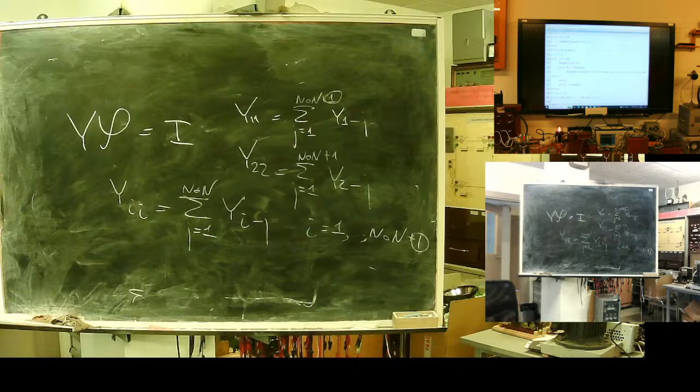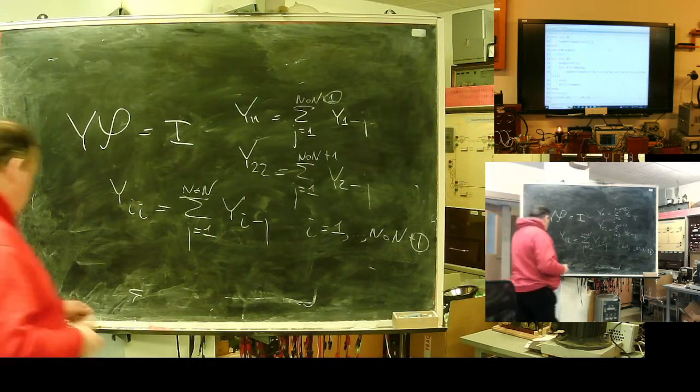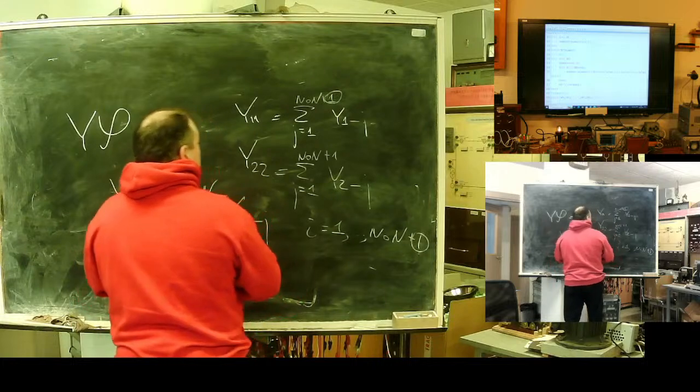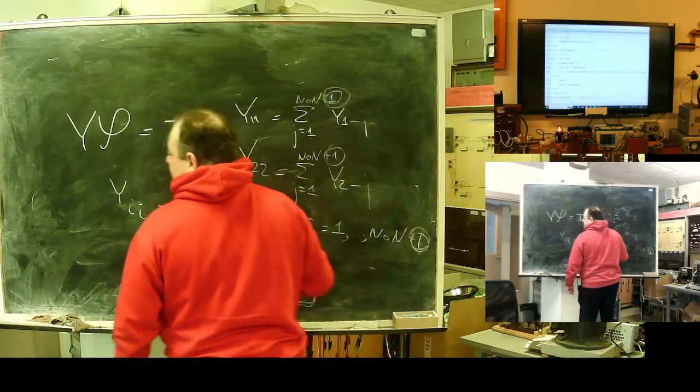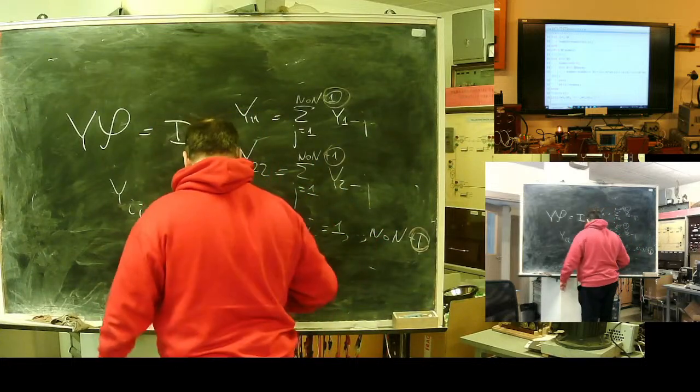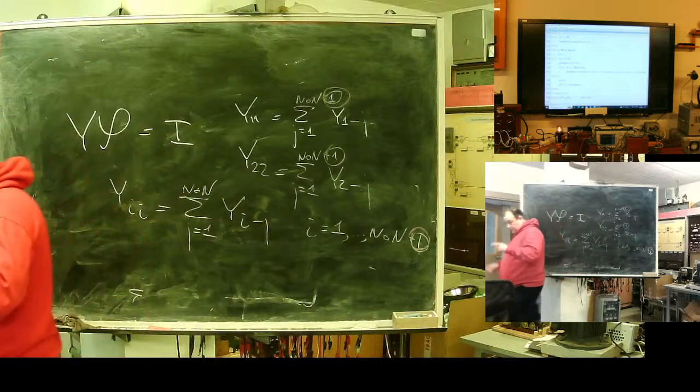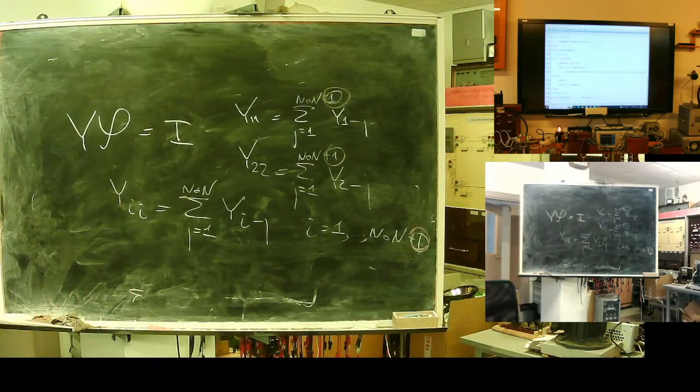This technique requires one of the nodes to be base or grounded. It's a reference point. So I need to fix voltage or potential on one of the nodes. That's why I'm writing this plus 1. This plus 1 is for the base node, where potential is 0 or grounded.